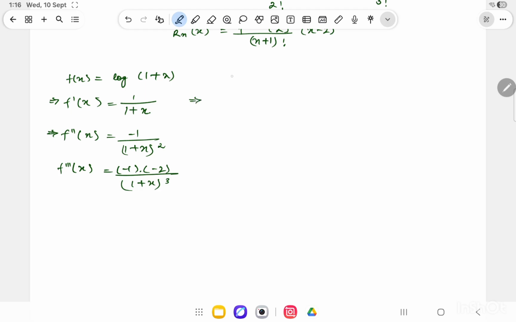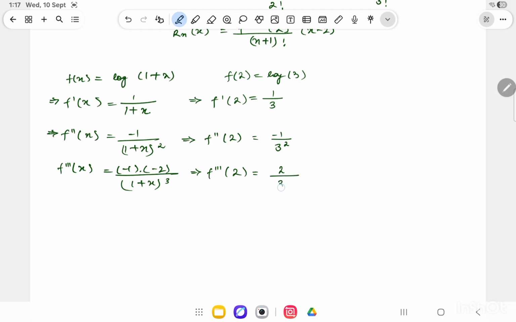The value of f at x = 2 is log 3. The first derivative at x = 2 is 1/3. Likewise the second derivative at x = 2 is -1/3^2, and the third derivative at x = 2 is 2/3^3 and so on.